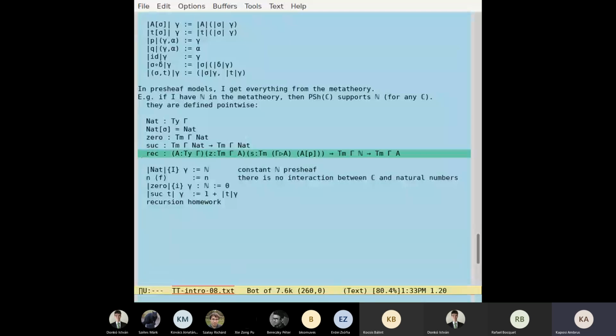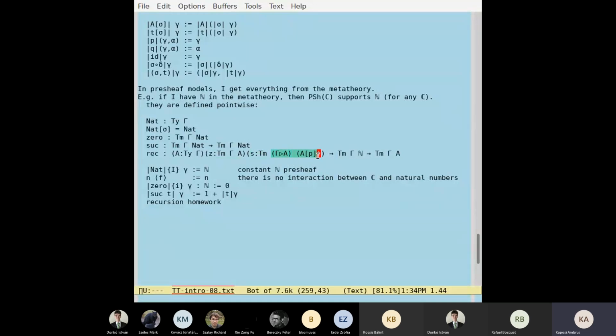This is the most convenient way to define what the recursion does. So you can think about this as a natural number algebra, right? Or something which has the shape of the natural numbers in general, because there's a set which has an element and there's an endofunction on that set.